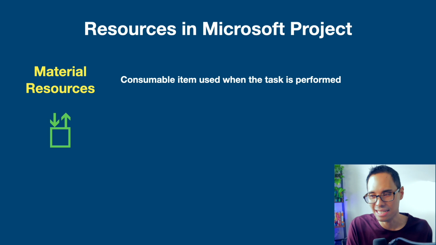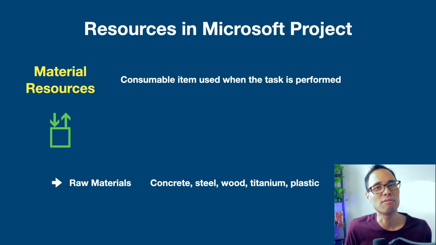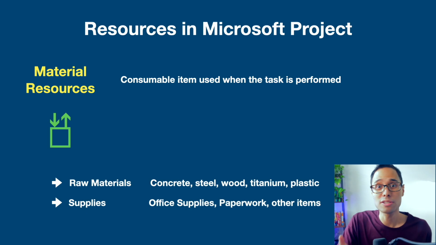A material resource, that's a consumable item that's used when the task is performed. Now, unlike a work resource, a material resource is consumed as the project task is being completed. So for example, you could have raw materials like concrete, steel, or wood, or you could have supplies like office supplies, paperwork, or any other items.